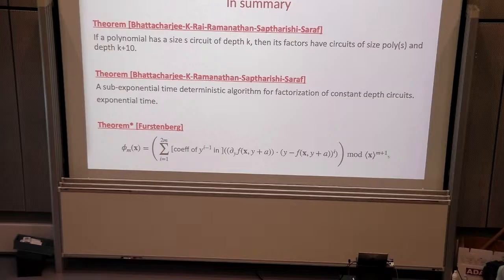Thanks for this beautiful survey. At the beginning you had this assumption of characteristic zero. I'm wondering, I'm sure there are open problems. If you are in positive characteristic, if you do Newton iteration, like this division. One of the issues is that we don't know how to factor univariate polynomials in deterministic polynomial time over positive characteristic.